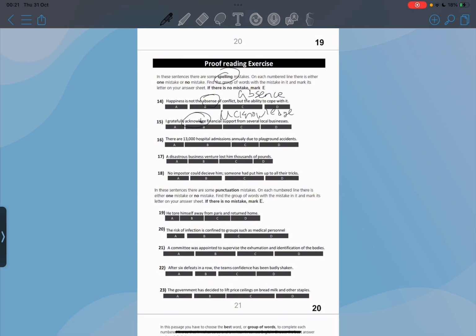Question 16. So hospital admissions. Annually should have 2 L's here.